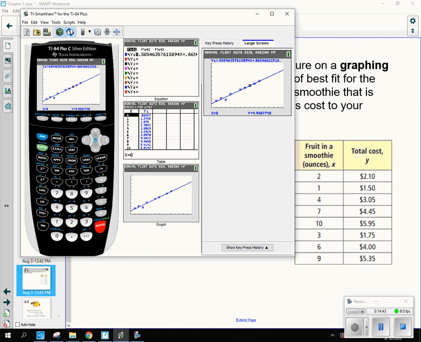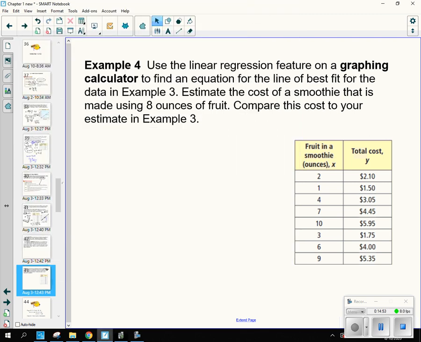So that's a little different than when we did it by hand. Obviously, this is way more accurate. This is exact. It's going to way more decimal places than what we did when we did this by hand. So compare the cost to example 3.